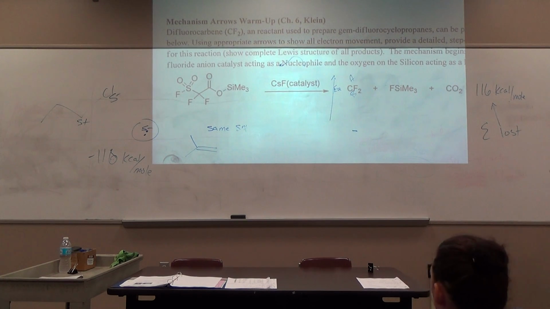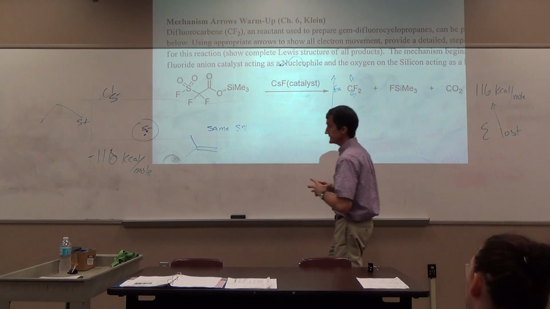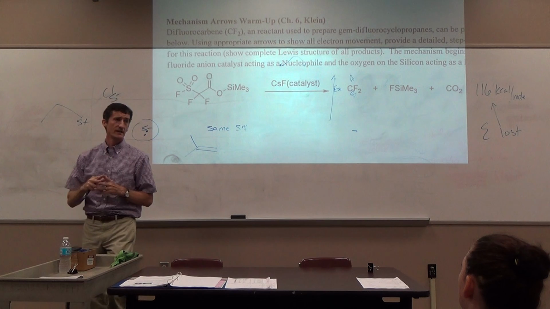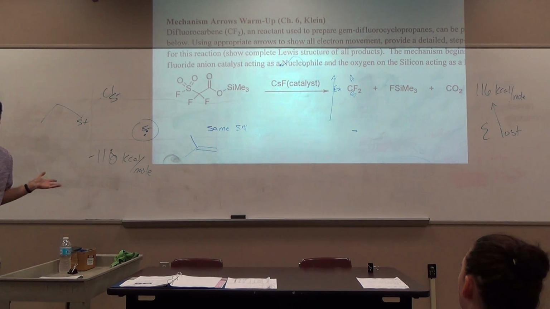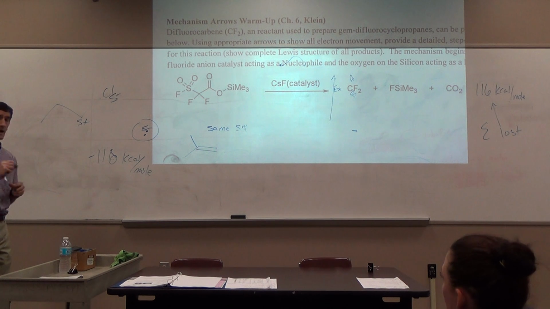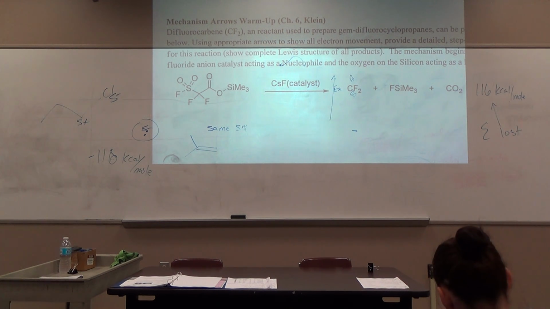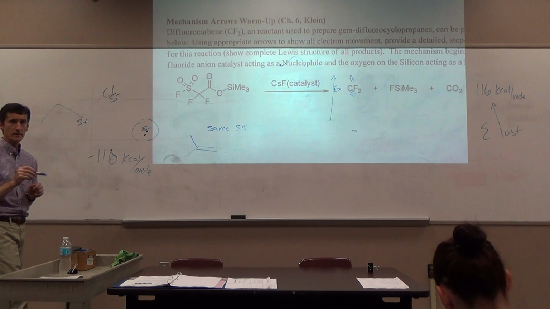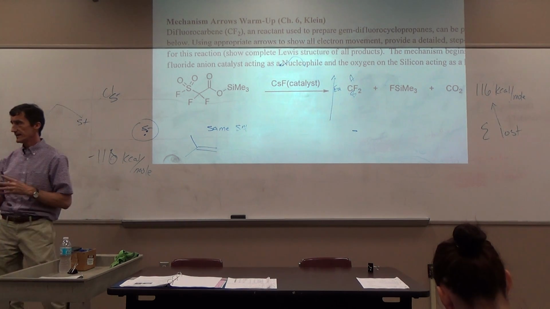Mechanisms. Down below is sort of a sophisticated looking mechanism. In actuality, it's not really. It's pretty straightforward. We will do mechanisms. I showed you an acid-base mechanism. There was one handout in the acid-base packet. Using curly arrows, mechanism arrows show movement of what? Electrons. It does not show movement of atoms.